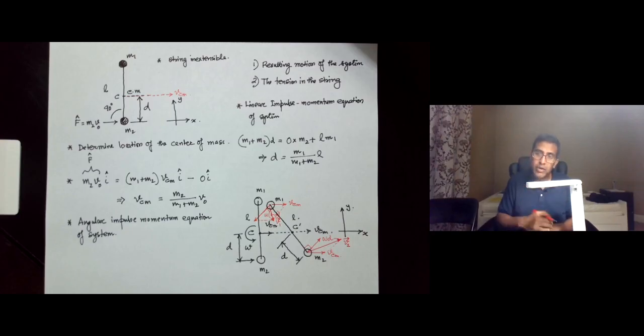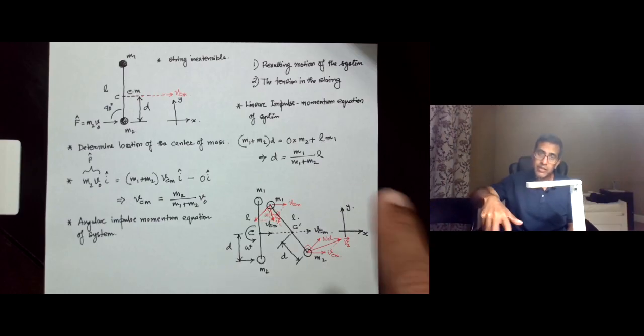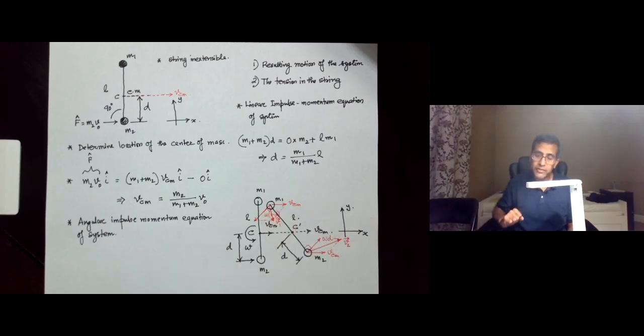The linear impulse momentum equation basically provides a uniform velocity or the same velocity to all the particles in the system, whereas the angular impulse momentum equation causes a rotation of the overall system about its center of mass. So now our goal is to write the angular impulse momentum equation of this system.